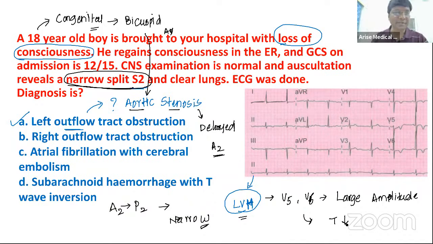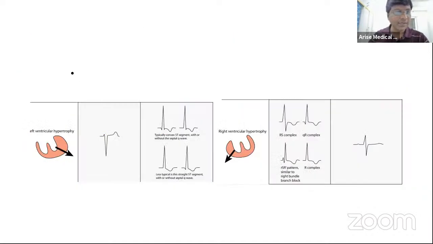Now the other important point that you should know here is there is a criteria to call it left ventricular hypertrophy. The name of the criteria is Sokolov-Lyon criteria. What is your Sokolov-Lyon criteria?